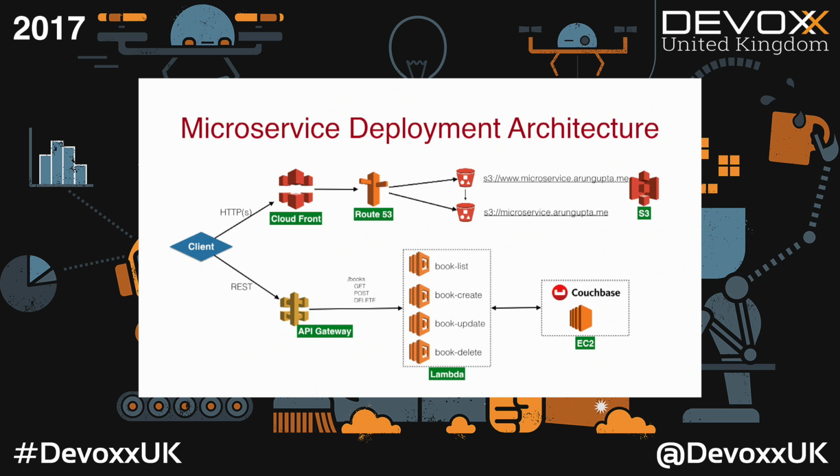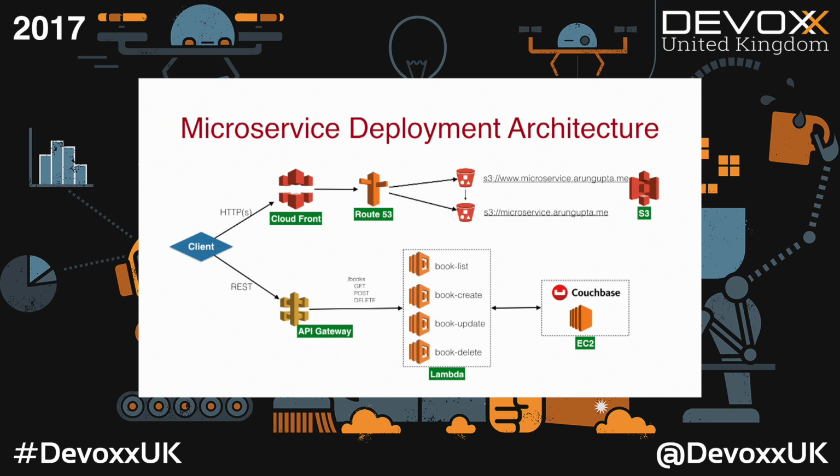So here is sort of my deployment architecture, how it would look. If you look at this, my client, if I'm calling a simple REST API, then it'll go to the API gateway: get, post, delete. Each of those has a corresponding serverless function. Then they can talk to any database sitting on your EC2.